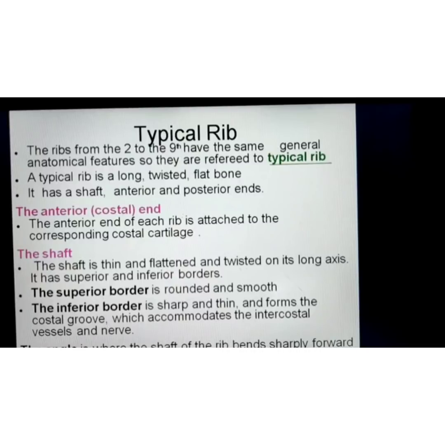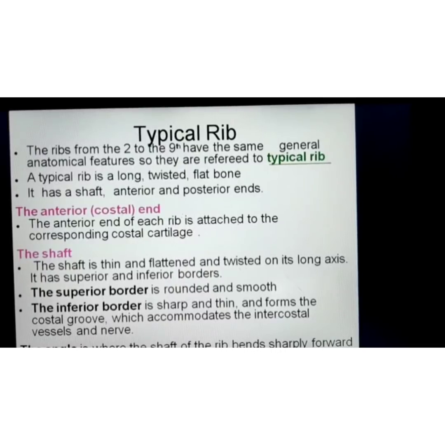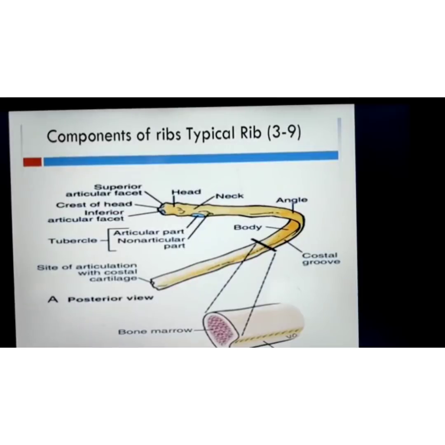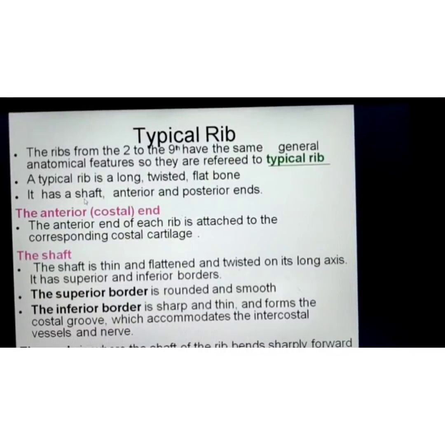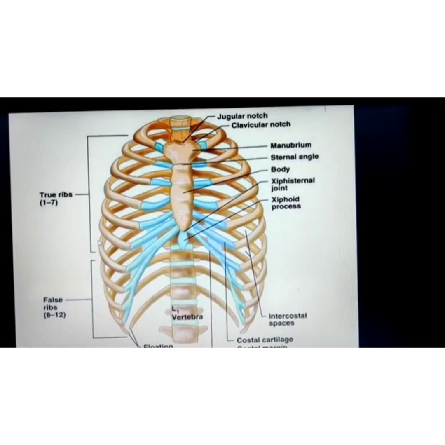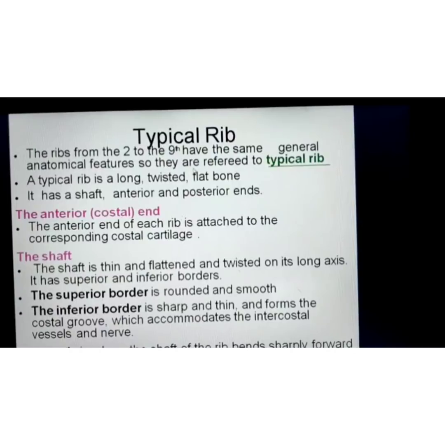A typical rib is a long, twisted, flat bone. We can classify ribs under flat bones, under the classification of bones. Remember, ribs 3 to 9 are known as the typical ribs because they have the same, similar anatomical features.